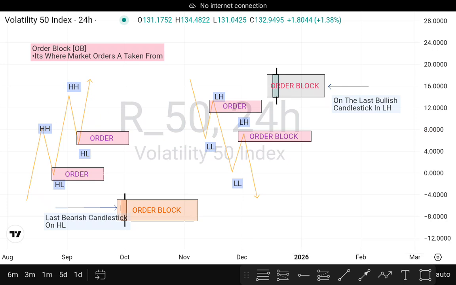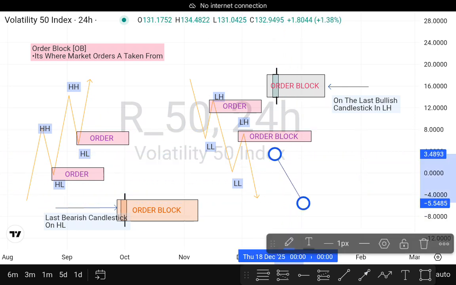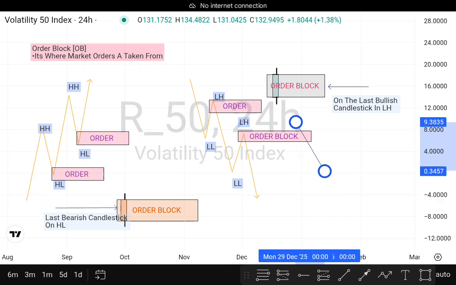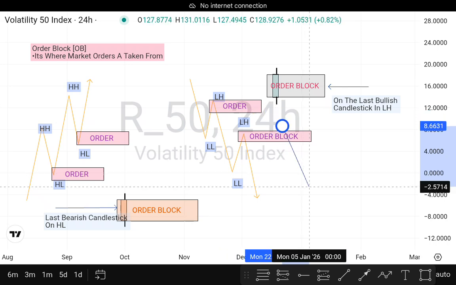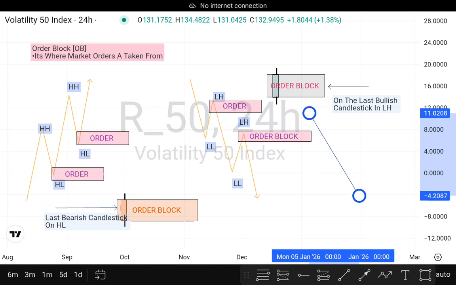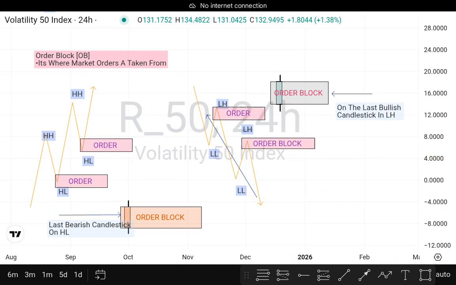Okay, let's focus on a downtrend movement. Where do you put your order block in a downtrend movement? You put your order block on your lower highs, because in a downtrend movement you sell high because you want the market to push low. So the market was pushing down.